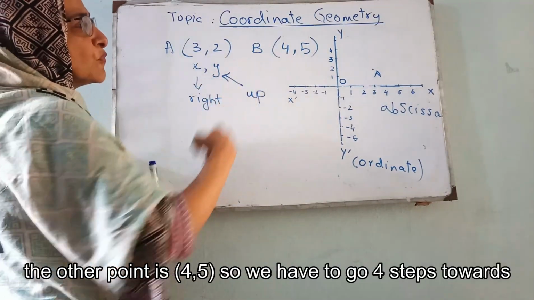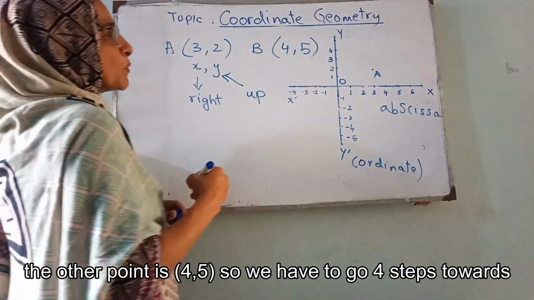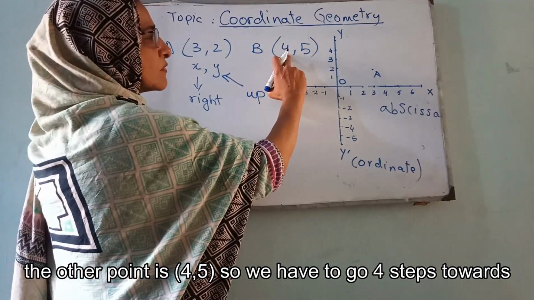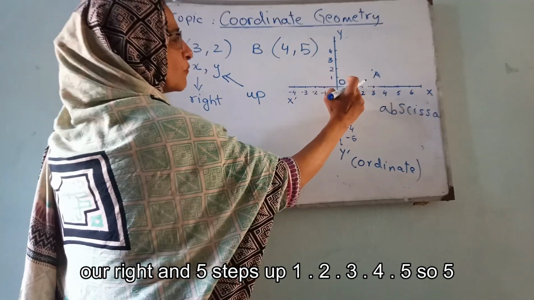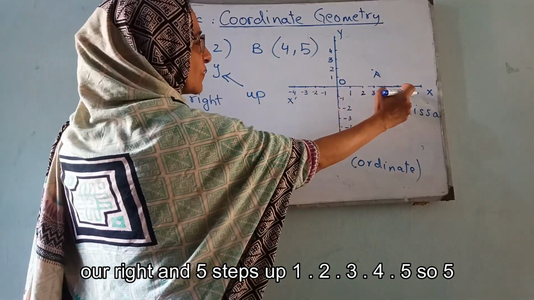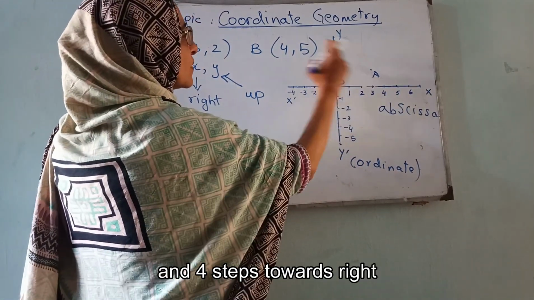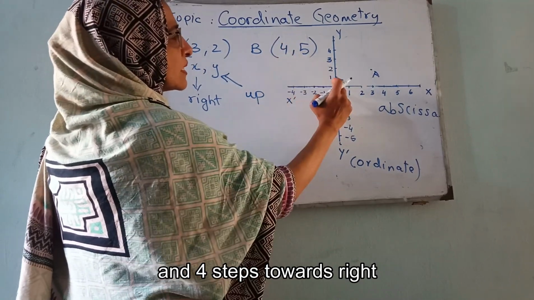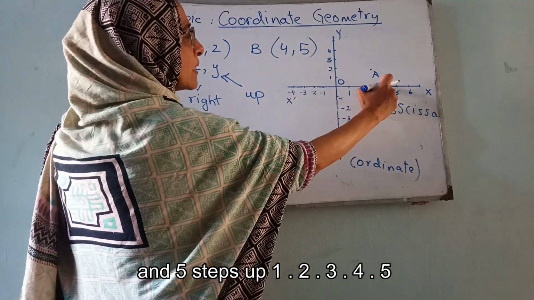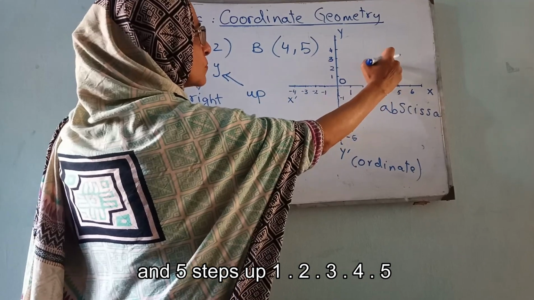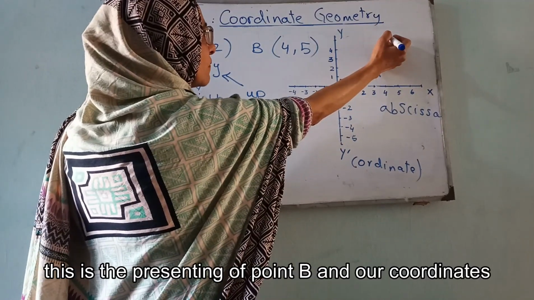The other point is 4 and 5. So we have to go 4 steps towards our right: 1, 2, 3, 4, and 5 steps up: 1, 2, 3, 4, 5.